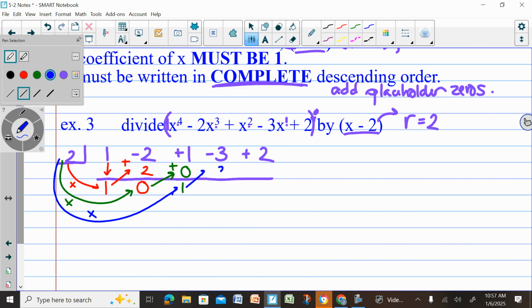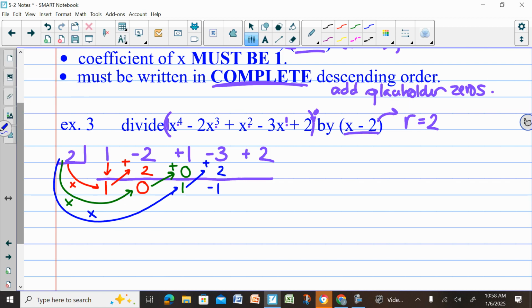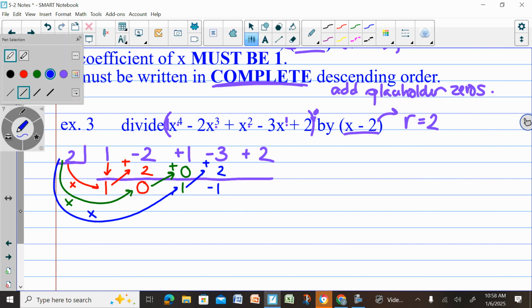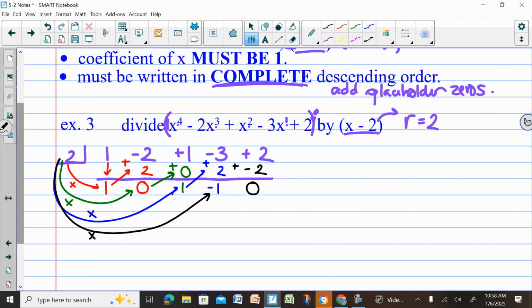That number goes here. Add them together. -3 plus 2 is -1. And one last time when we go through it, I'll just show the arrows again. We take this 2, we multiply by the number sitting here. 2 times -2 is -4. And then when I add these together, I get 0.